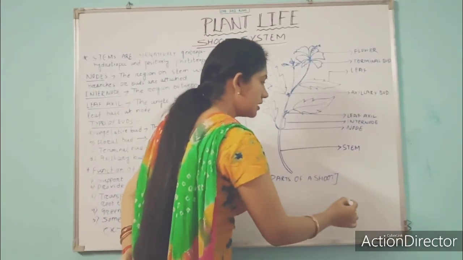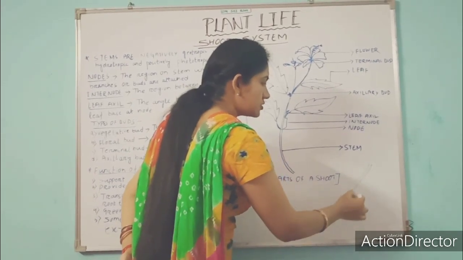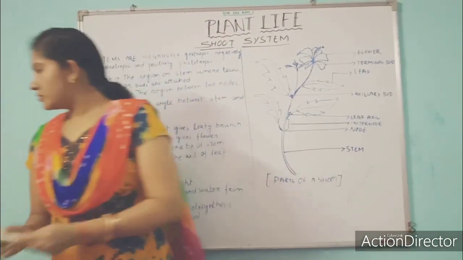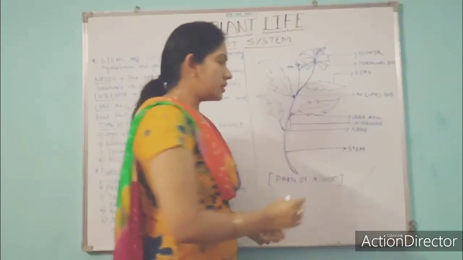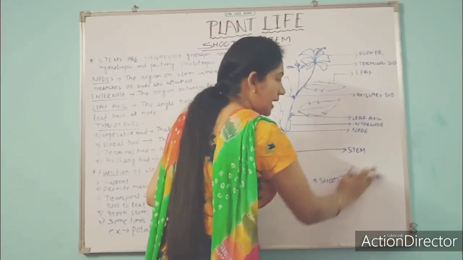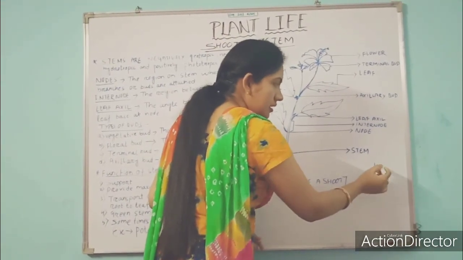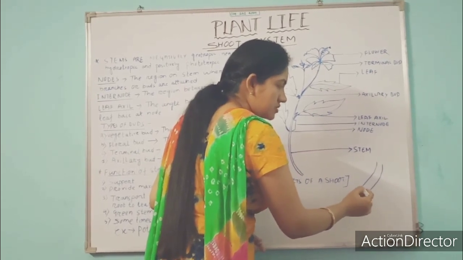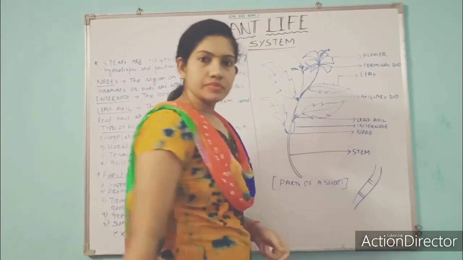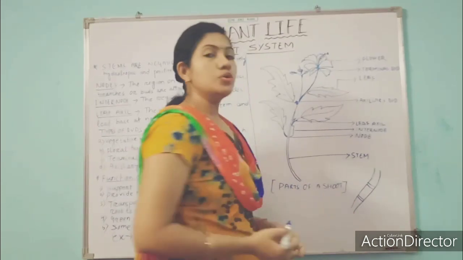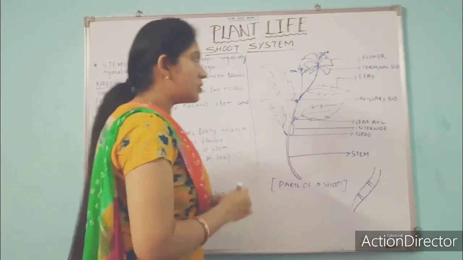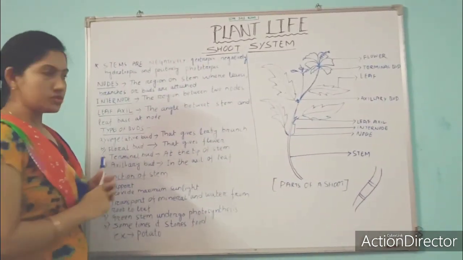If you can imagine a sugar cane or a bamboo plant, you can see this kind of structure in the stem. These are called nodes. Here I have written the definition also.